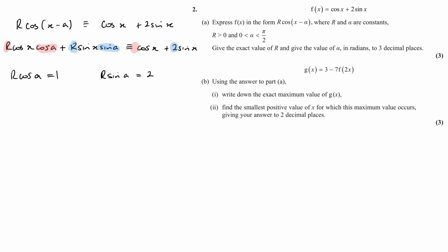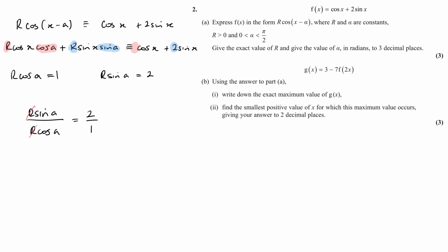Now it's quite straightforward. If we do the sine one here divided by the cos one, we would get r sine a over r cos a equals 2 over 1. Now the r's are going to obviously cancel.